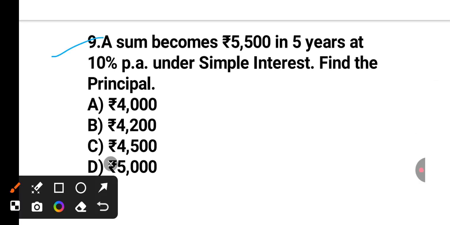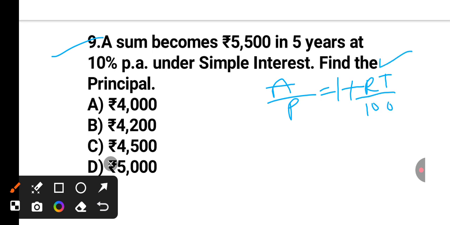Next, question number 9. A sum becomes 5500 in 5 years. Find the principal. See, A by P is equal to 1 plus RT by 100. This is the formula.